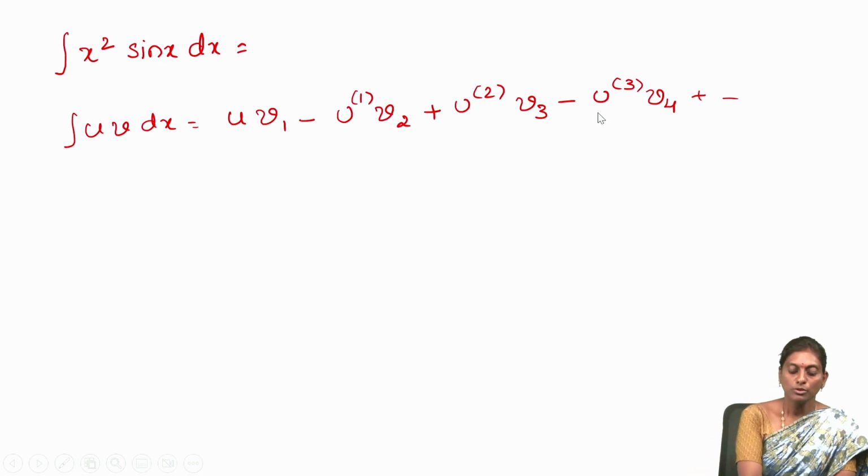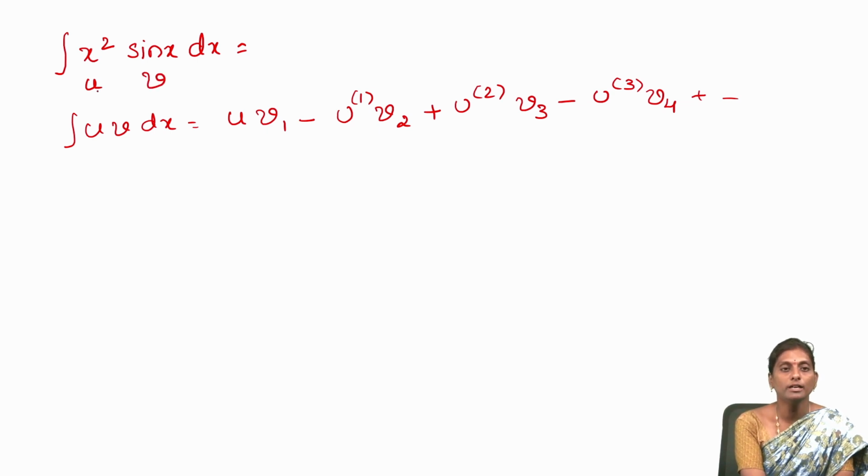Here I consider the algebraic function x square as u, the first one, and the trigonometric function as v. In this case, I start the formula with u. What is u? x square. What does v1 indicate? Integration of v.